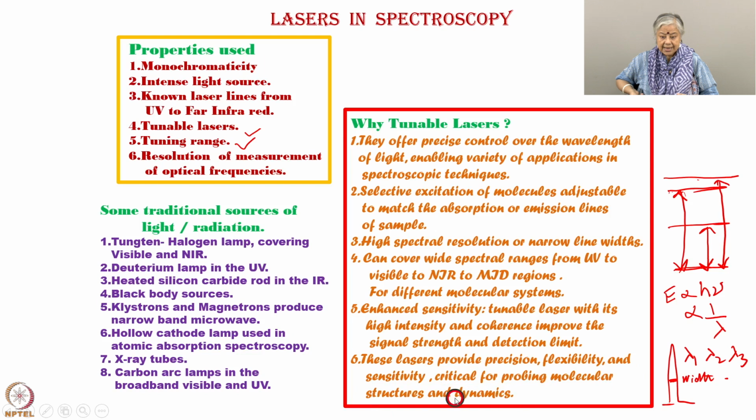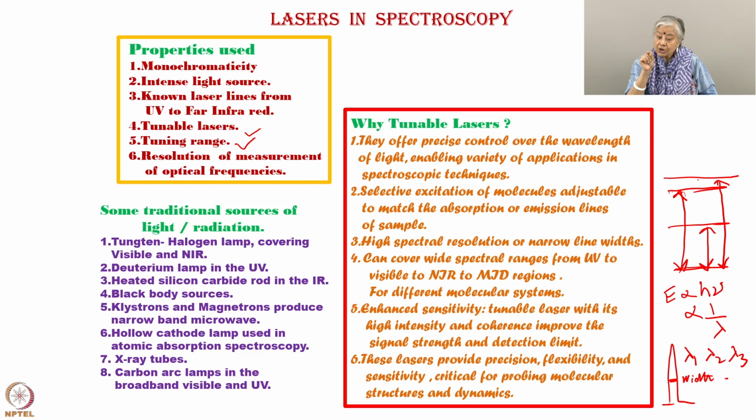When I say dynamics, I mean the spectroscopists want to know any process that is taking place in the sample, and in what time scale it is taking place. That is when you need the short pulse lasers or pulsed lasers. As we have seen before, pulses can be made shorter and shorter.